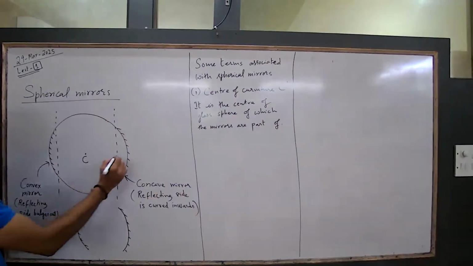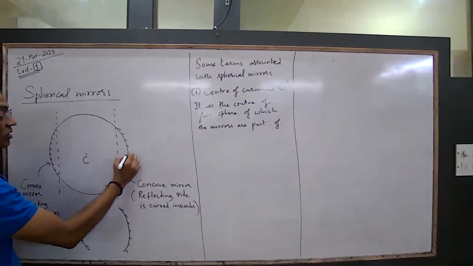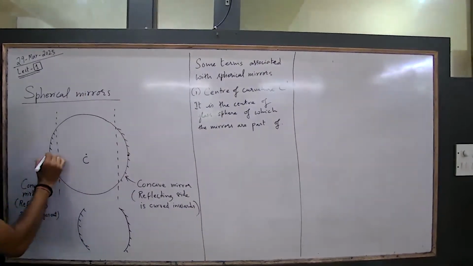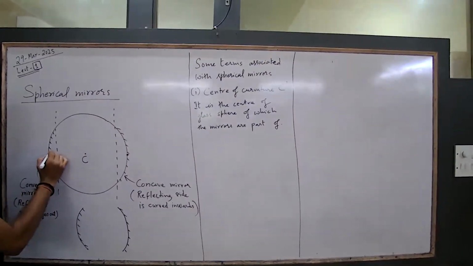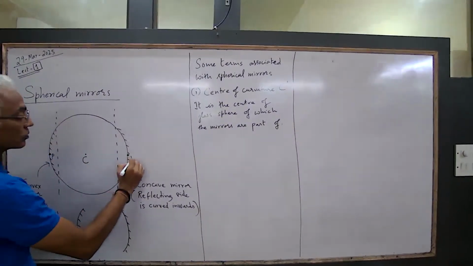Then you have the center of the mirror itself. This is called the pole.